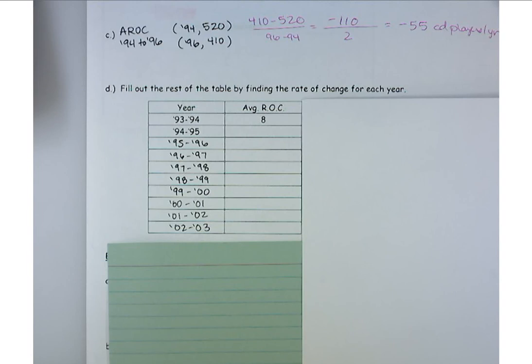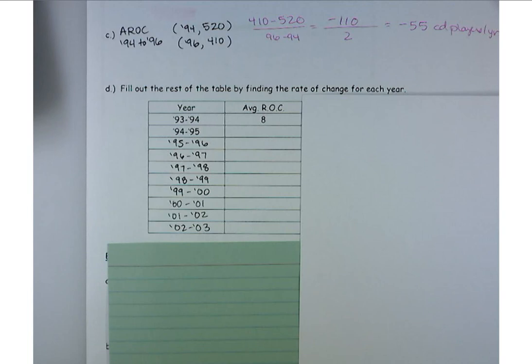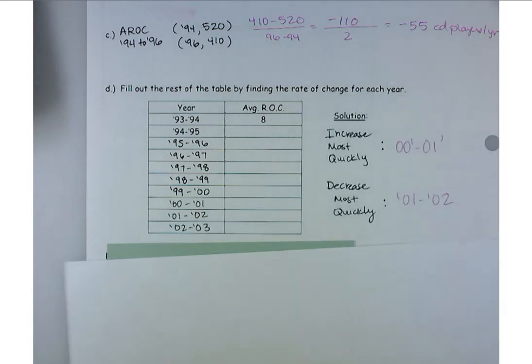Which 2 years did it increase the most quickly? 2000 and 2001. Yep, and how did you know that? It's the biggest positive number. Exactly, it's the highest positive value. Okay, Caleb, what about when it decreased the most quickly? From 2001 to 2002. Good, and how did you know that? Because it's the smallest value. That's right.